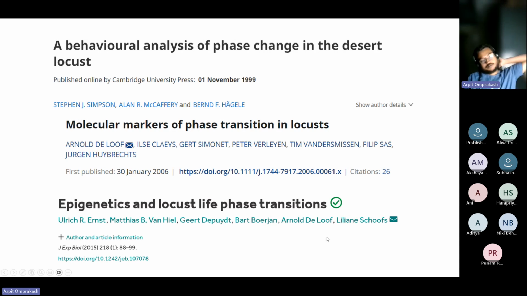This is exactly what people are doing. So this is a case study of how things like population dynamics can be studied. Here people are studying how the locust population changed from the solitary to gregarious forms, and how these studies have been carried out over the past few years. Right. So that is the end of it.